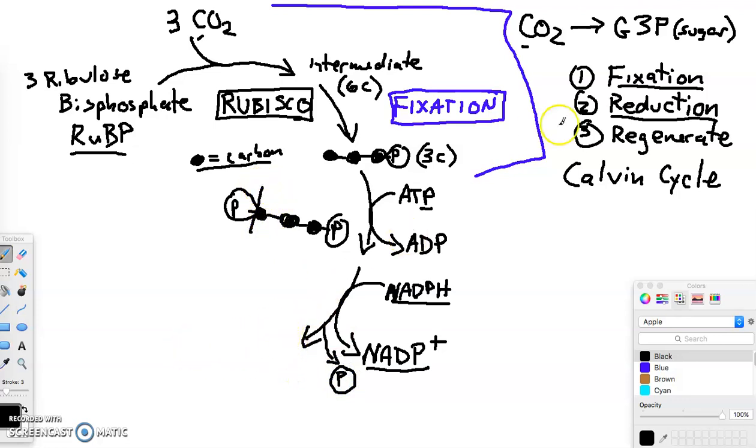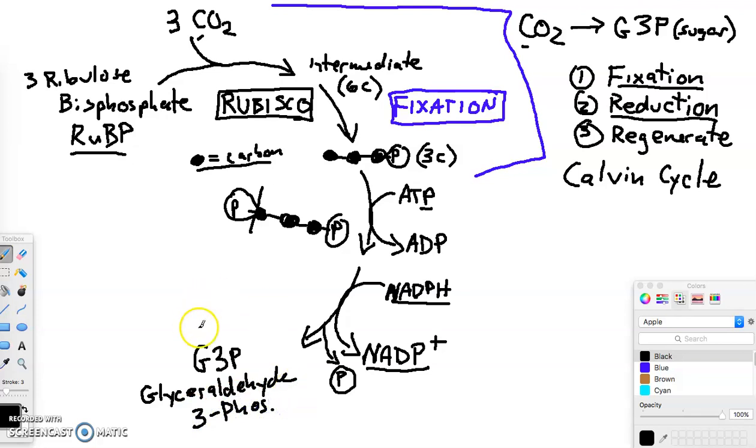Importantly, all of this stage here that's going on is called the reduction stage, and really important here, we're going to produce G3P. This molecule is called glyceraldehyde 3-phosphate.